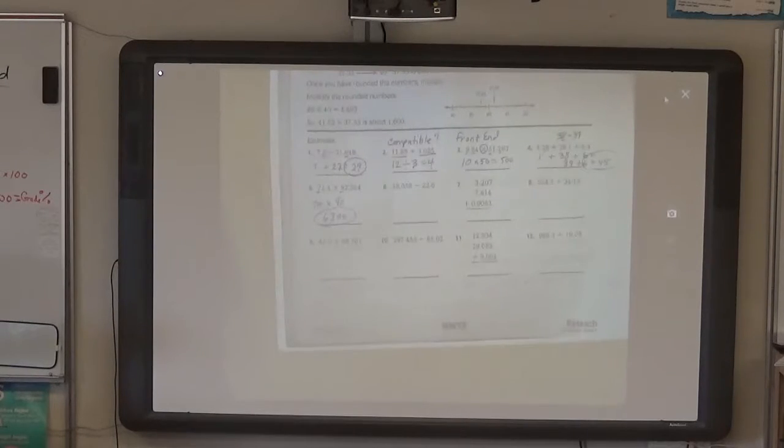Right. Let's do a subtraction. Now we're using the whole numbers, nearest whole numbers. 58 minus 20.